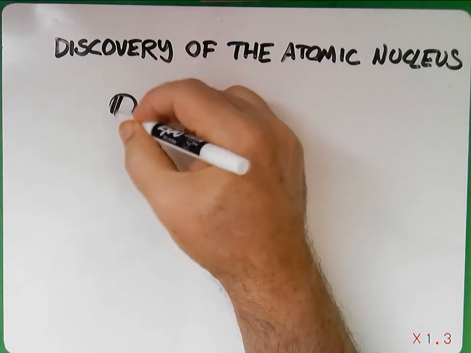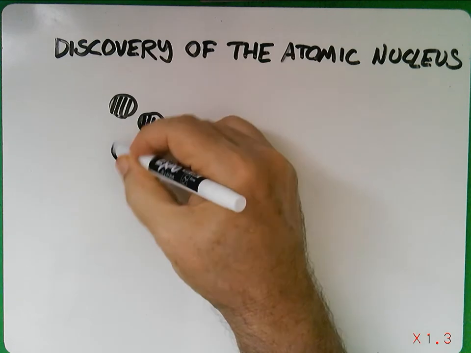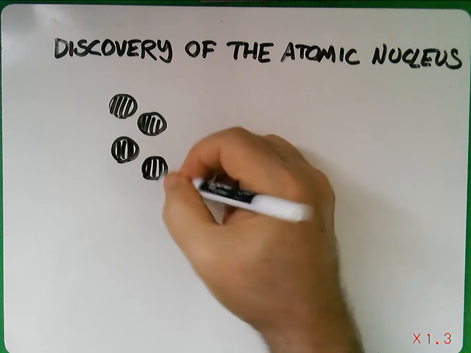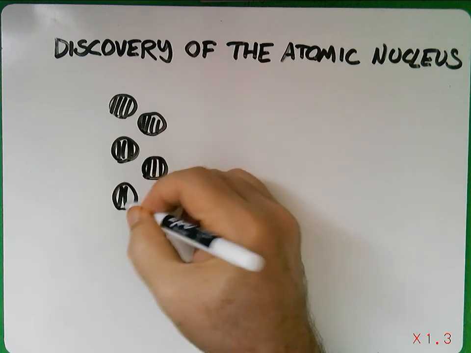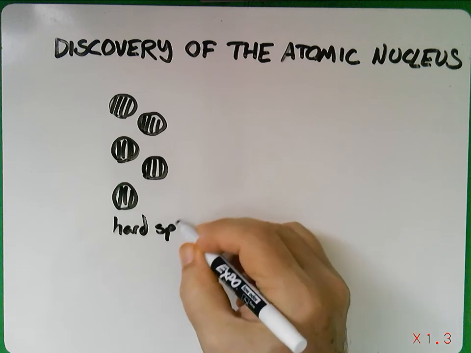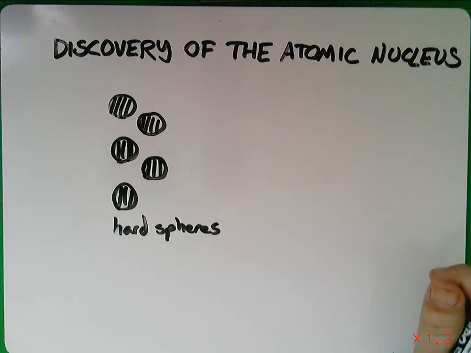Here we have hard atoms with some distance between them. So these are the atoms, little hard spheres, something like what Dalton and what Democritus pictured. They were indestructible, right? So there's nothing you can do to them.